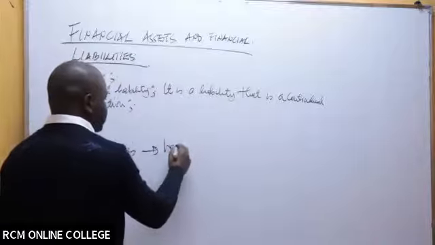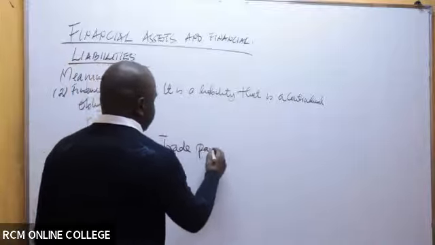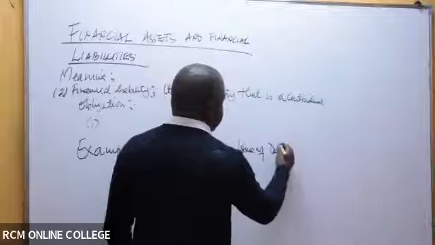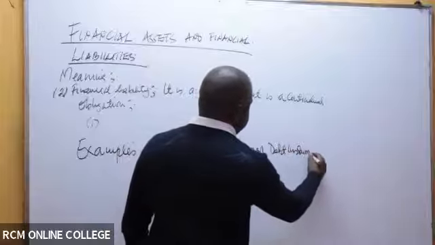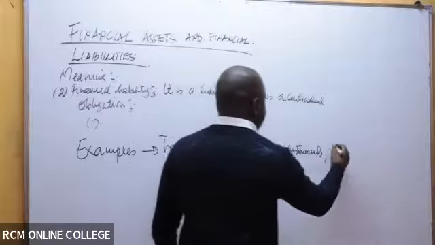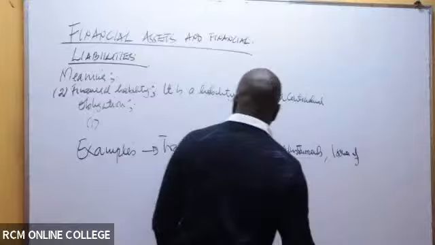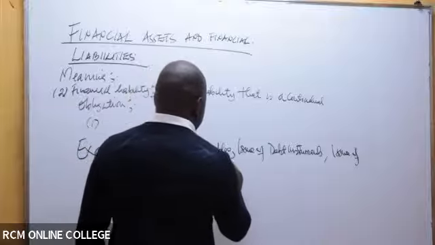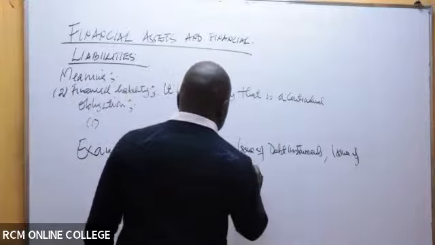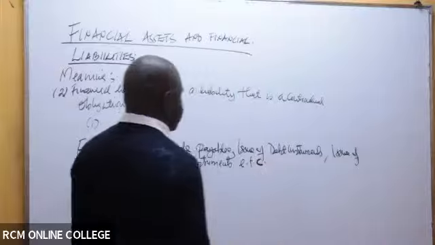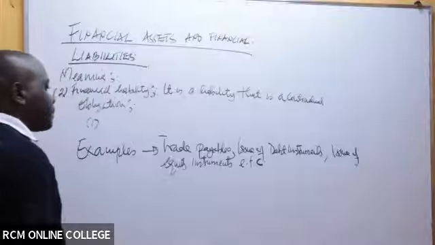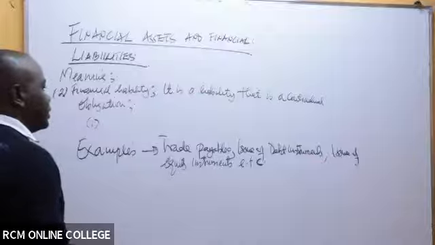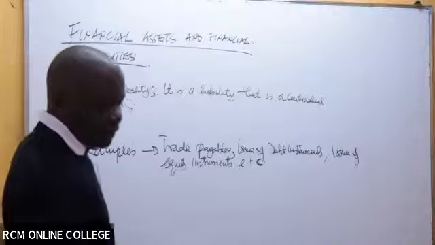You can say, for example, trade payables, issue of debt instruments, issue of equity instruments, etc. So you'll likely be under financial obligation to fulfill the terms.